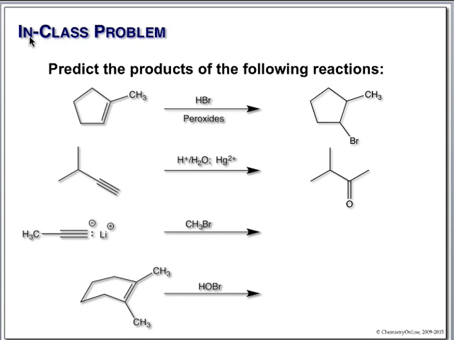In our next reaction, we have an alkyne anion. So we prepared this ahead of time. We took a terminal alkyne here in the presence of something like lithium amide. This is acidic, so it forms the salt, the alkyne anion, and the lithium cation.